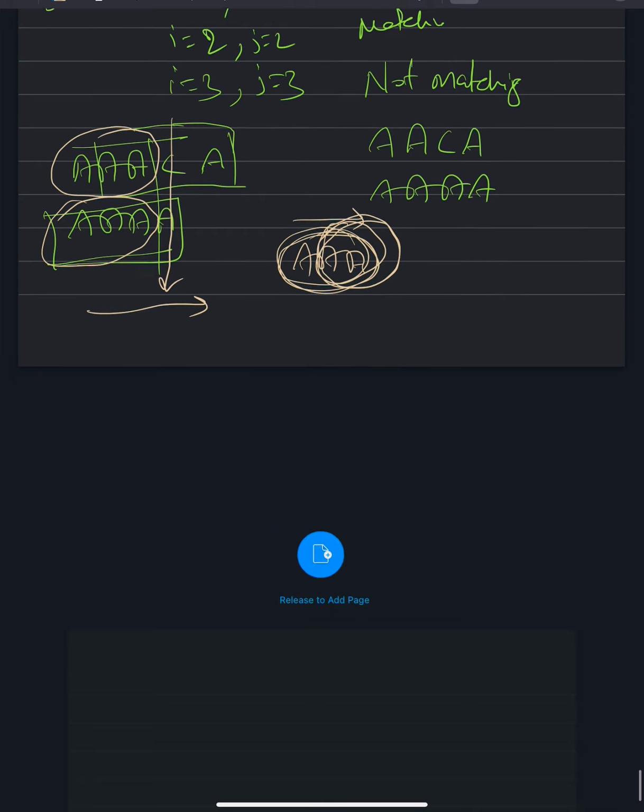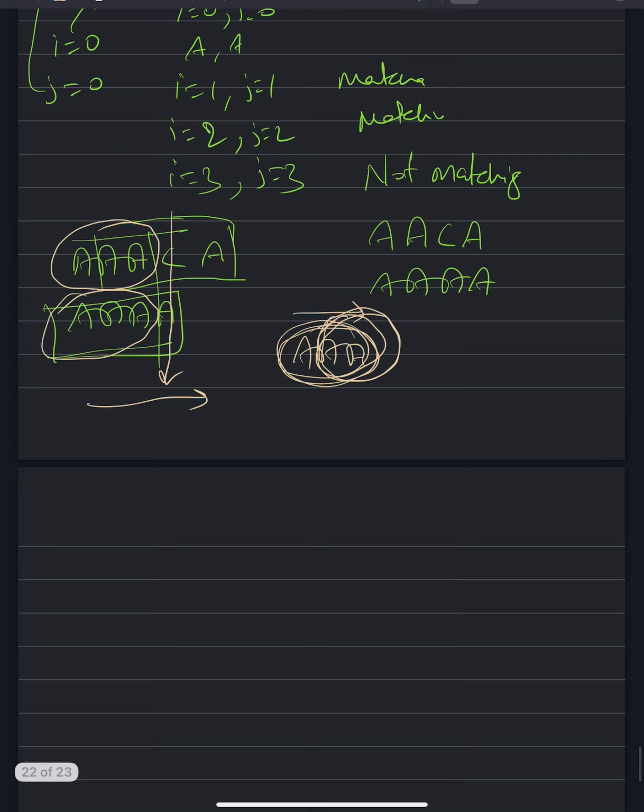What was the element? It was the element till this time we have already matched. Now we are going ahead, we are going right. So what is left? The suffix of the previous pattern which we have made is left.